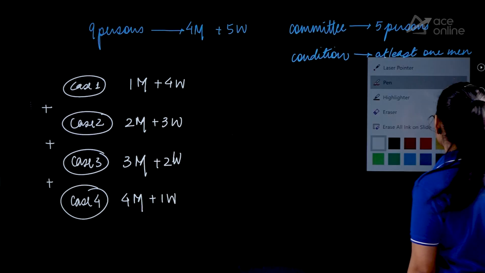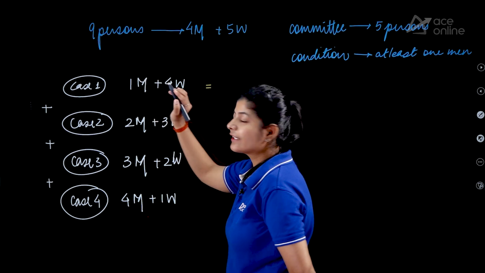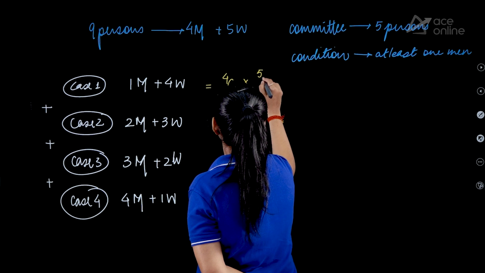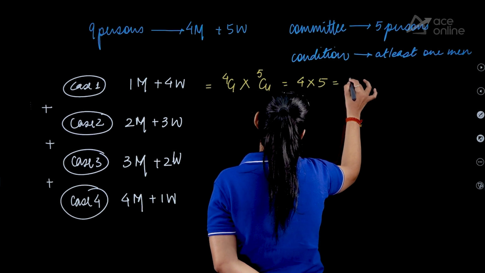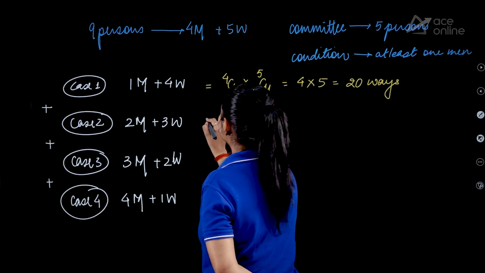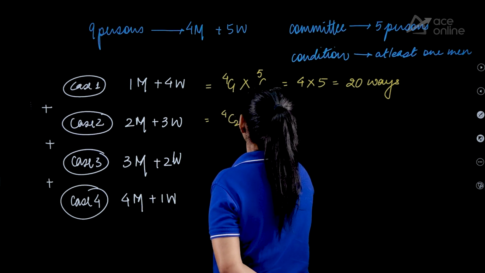And when we calculate the values, here, in how many ways can I select one man? So 4C1 into 5C4. So this is nothing but 4 into 5. That means in 20 ways we can create such committees. Here we are having 4C2 into 5C3.